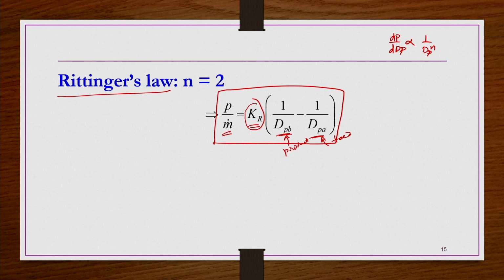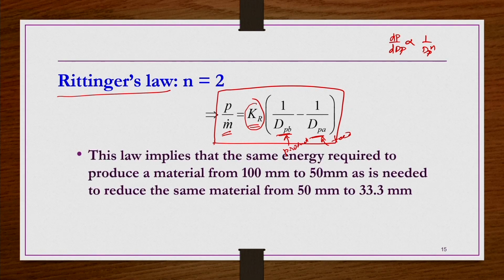Let us say the average size of the feed material is 100 mm, you are doing some size reduction, and you get a product having an average particle size of 50 mm. So, 1 by 50 minus 1 by 100, you get 1 by 100, right. Whatever power you required for that case, let us say some x kilowatts.